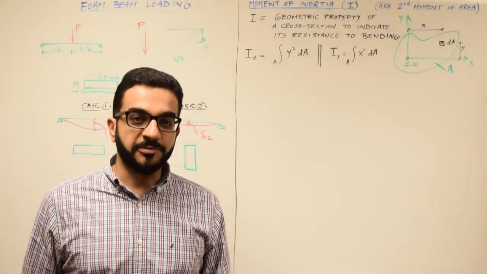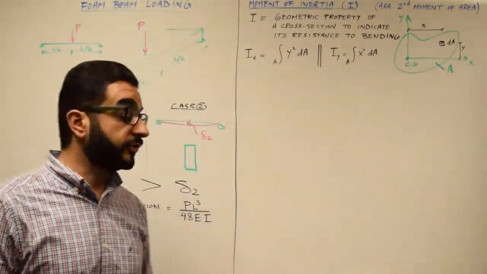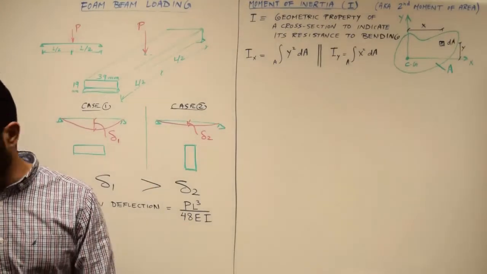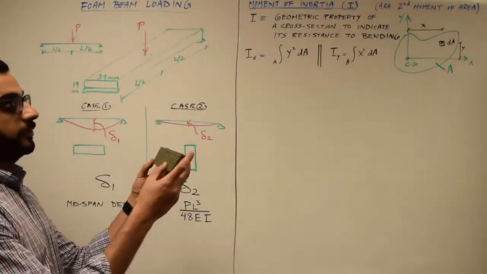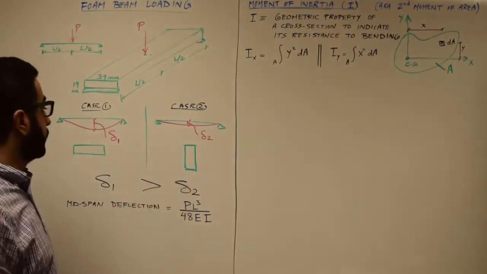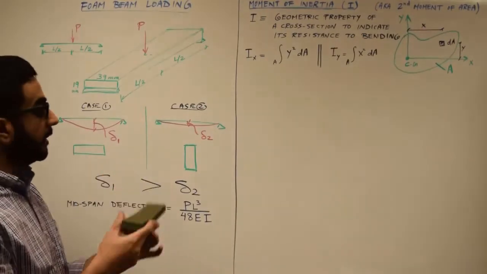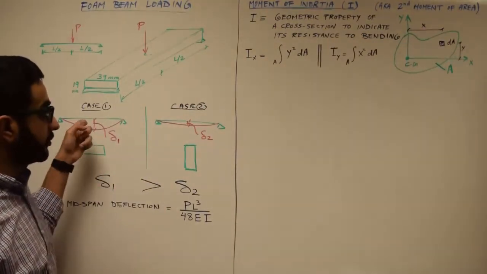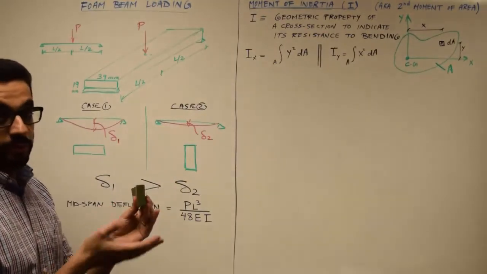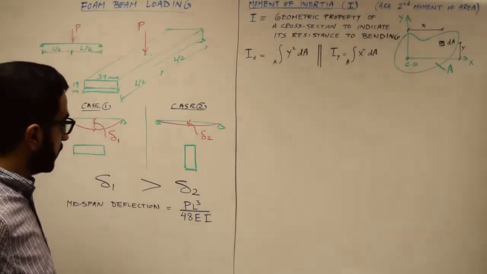Hello, welcome back. In the first part we did this quick demo, and we used the foam beam to figure out the deformation under different orientations of the cross section. We found that when the cross section is on its flat side, it gave us more deformation or deflection at mid-span than when the shorter side is the horizontal dimension.